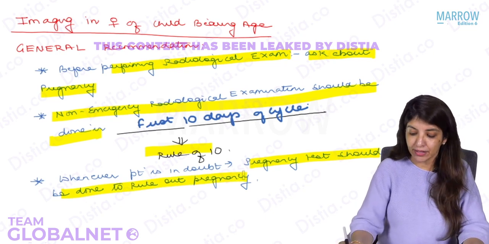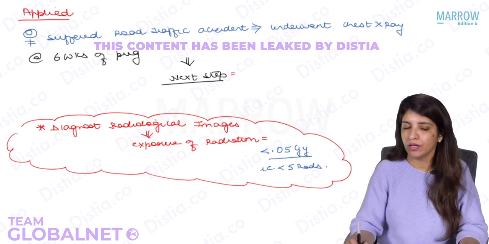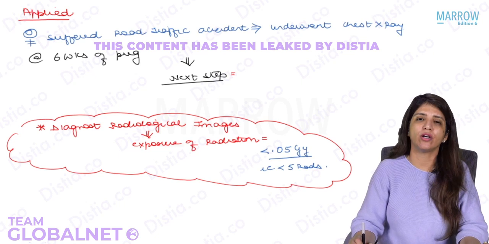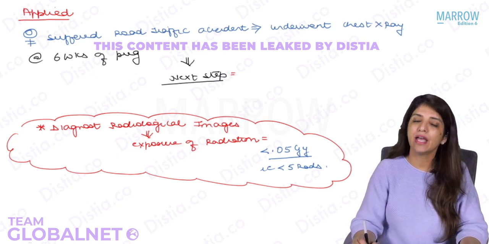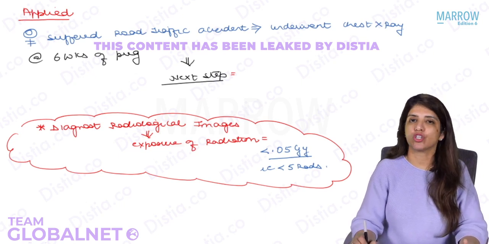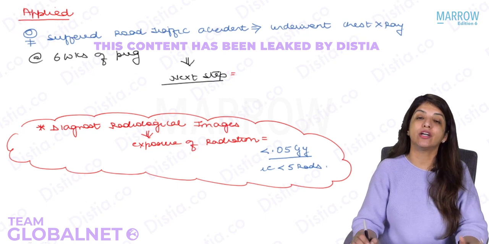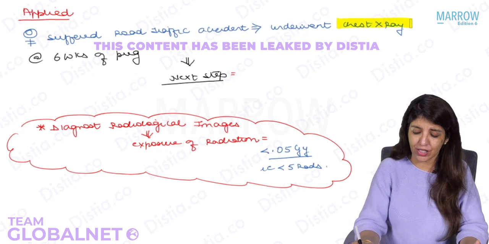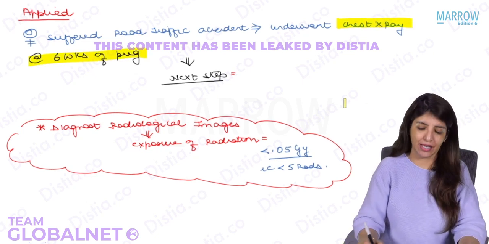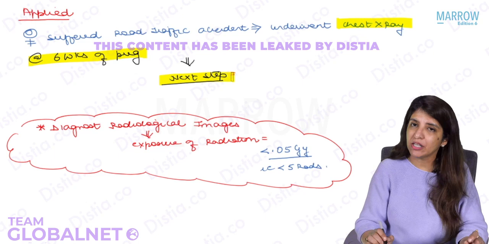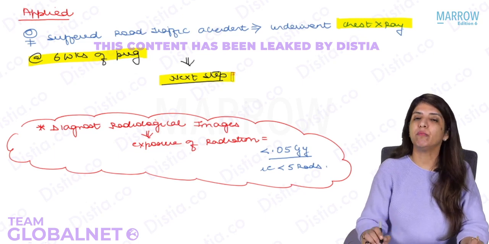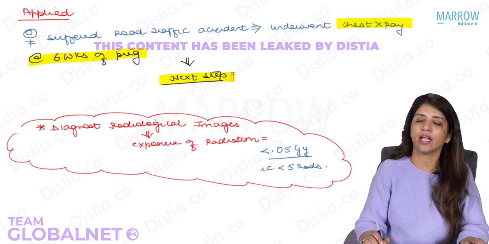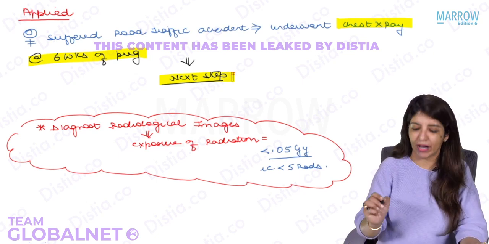Right? But then the applied question over here. Suppose there is a pregnant female who has a road traffic accident, and this patient was not in the condition of telling you that she is pregnant, and you did a chest x-ray at 6 weeks of pregnancy. Now, what is the next step? Please remember that the maximum radiological exposure permissible in pregnancy, which I am going to tell you just now, is up to 5 rads.